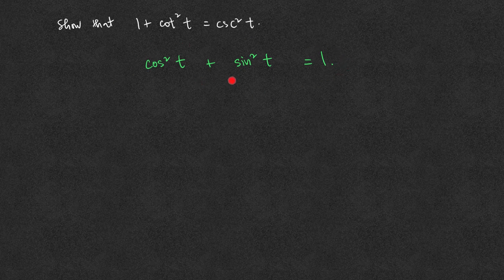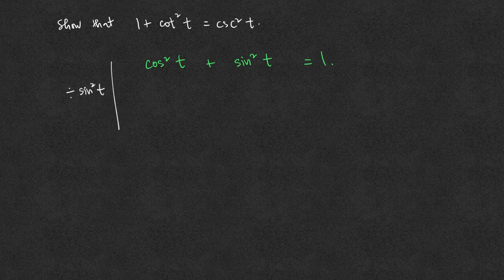Starting with this well-known fact, we need cotangent squared and cosecant squared to show up. Remember that cosecant is the reciprocal of sine, so we divide both sides of this equation by not just sine, but sine squared of t.